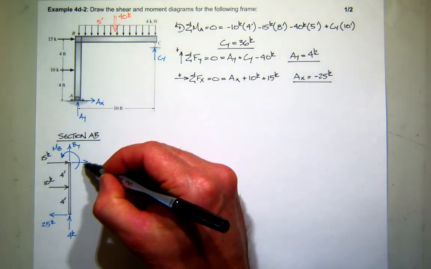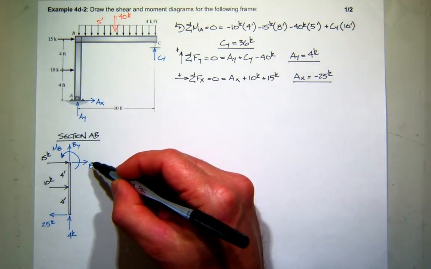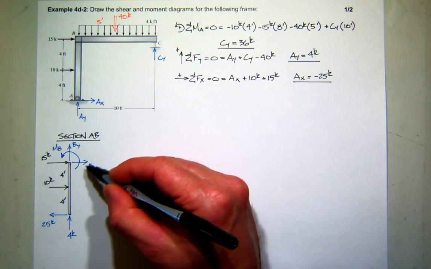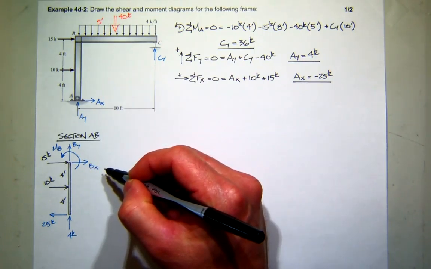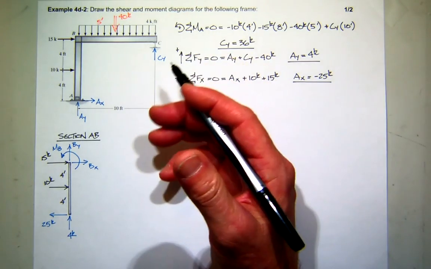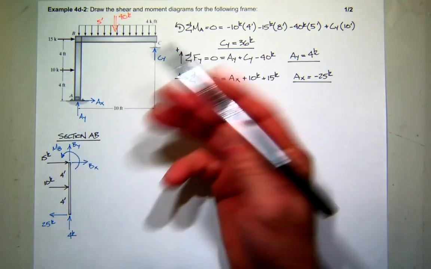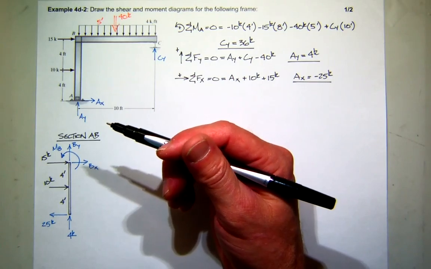So I've actually assumed this to be positive bending moment. This value is going to end up being positive shear, the way I've drawn it, but that was not my intention. My intention is just positive X, positive Y, right-hand rule. It just happened to match up.